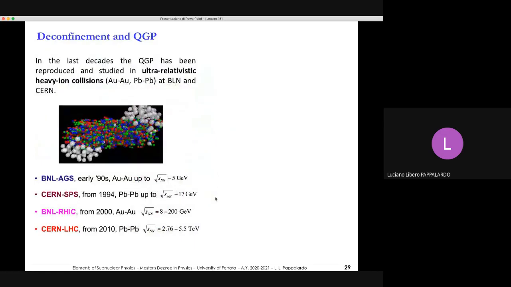Now, is it possible to study quark-gluon plasma in laboratories? Yes, it is. In fact, in the last decades, the quark-gluon plasma has been reproduced and studied in ultra-relativistic heavy ion collisions, by colliding beams of gold, or lead, etc. This has been done mainly at Brookhaven National Lab in New York, and at CERN.